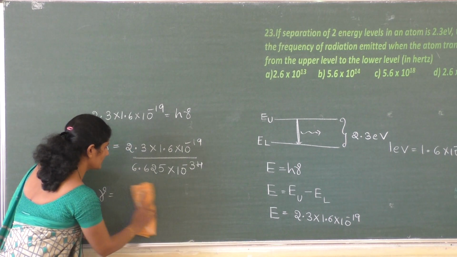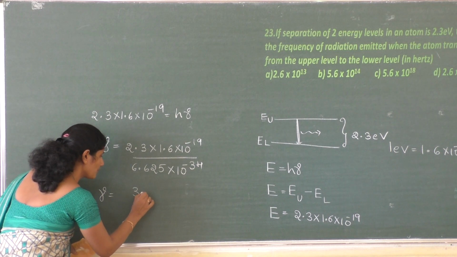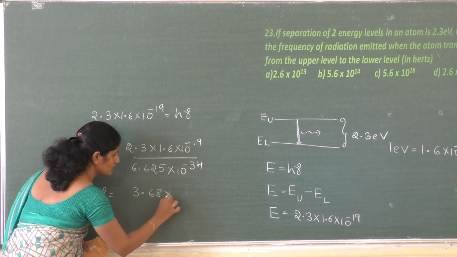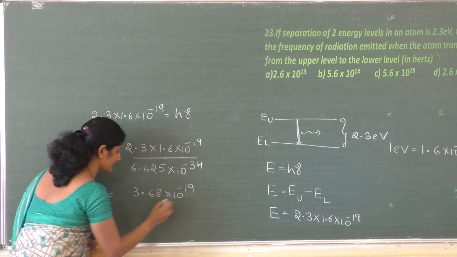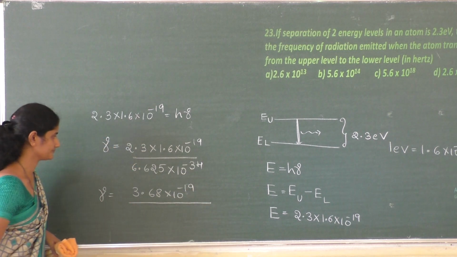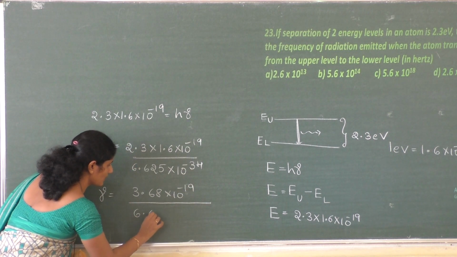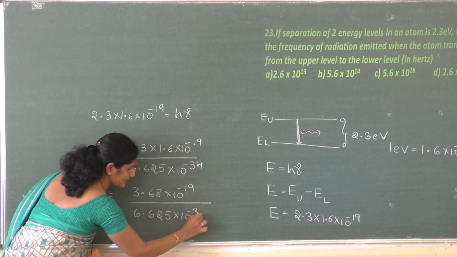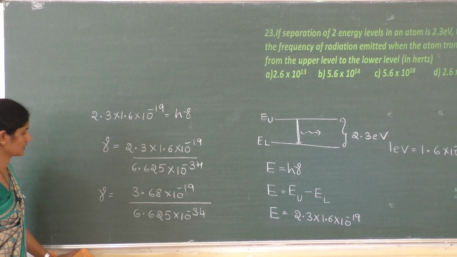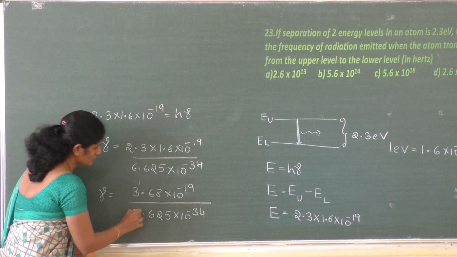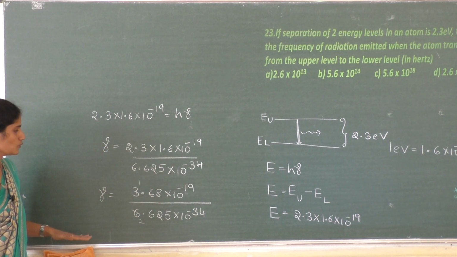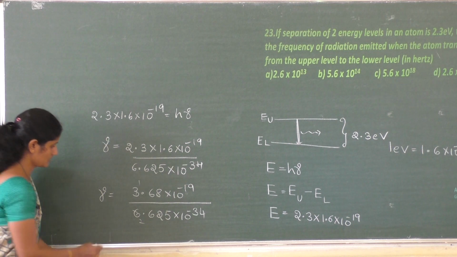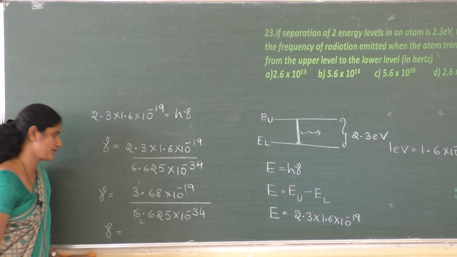So in the numerator I write 3.68 into 10 to the power minus 19, divided by the same 6.625 into 10 to the power minus 34. So it is approximately equal to 1 by 2. So 1 by 2 is 0.5.